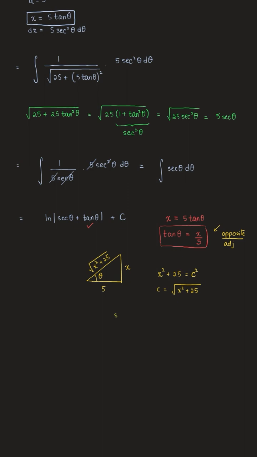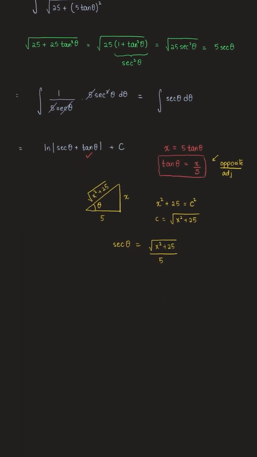And so now we can find secant. Secant is the reciprocal of cosine. So since cosine is adjacent over hypotenuse, secant theta is going to be the hypotenuse divided by the adjacent side. So the hypotenuse is the square root of x squared plus 25 from our triangle divided by the adjacent side, which is 5.